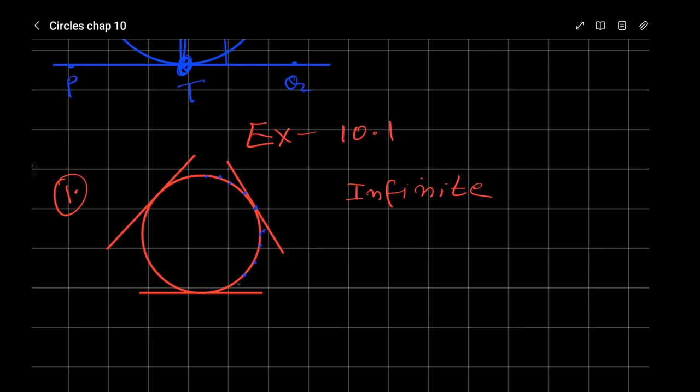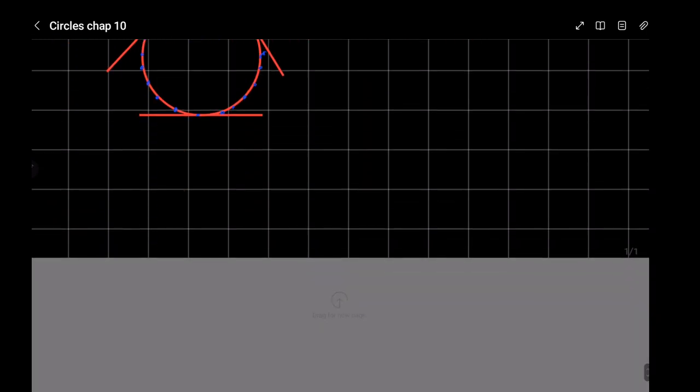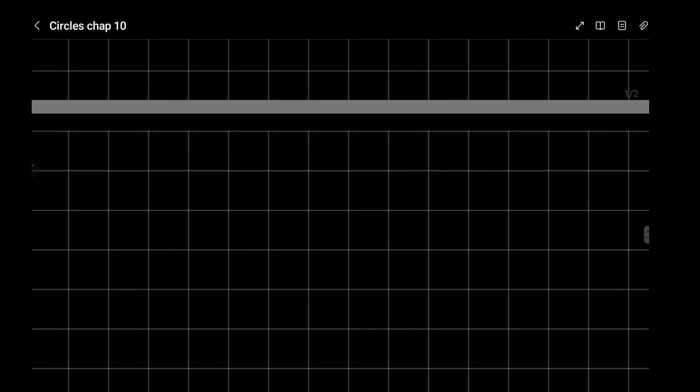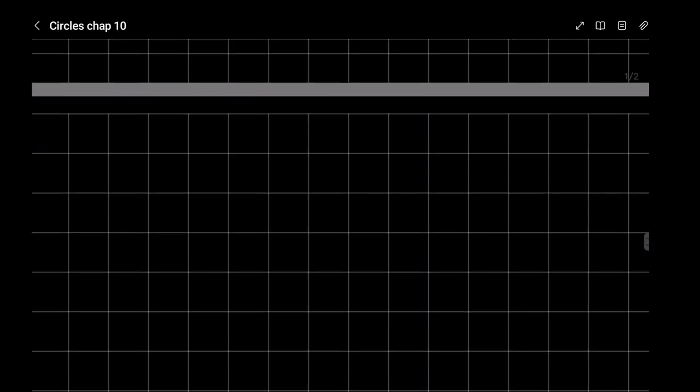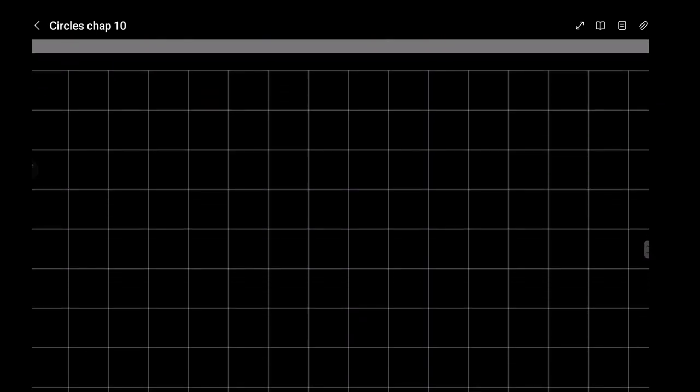Through all those infinite number of points, a line could be drawn which is a tangent. For example, here this is one point, one of all the infinite points, which could be a tangent. So infinite number of tangents. Let us go to question number 2.